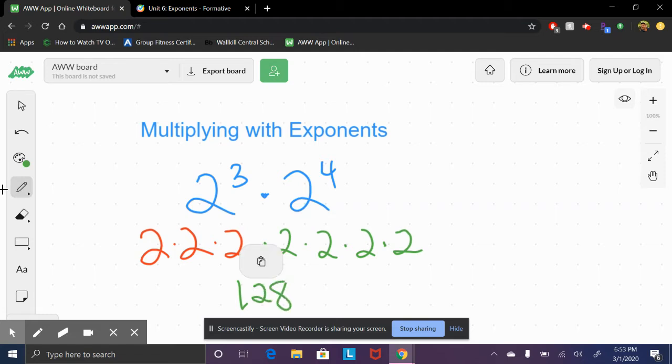Or another way to write that is you count the number of 2's. So I have 1, 2, 3, 4, 5, 6, 7 2's. So this is actually 2 to the 7th. And 2 to the 7th is 128.